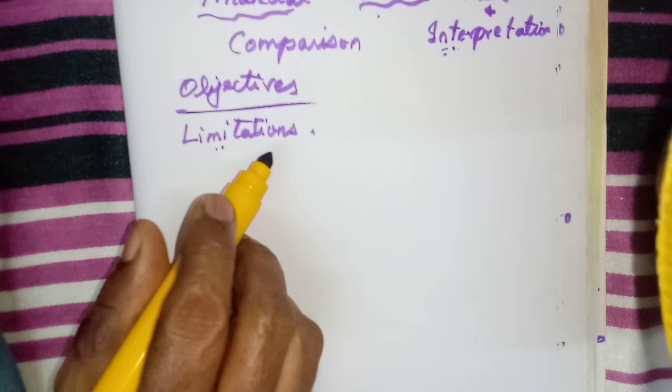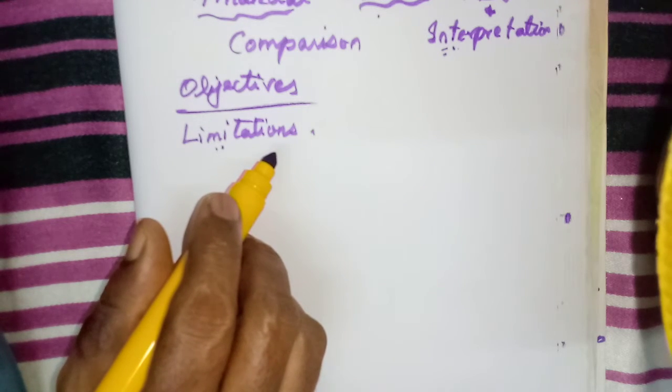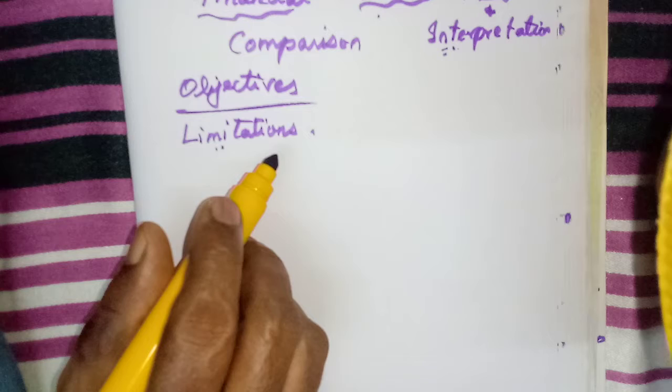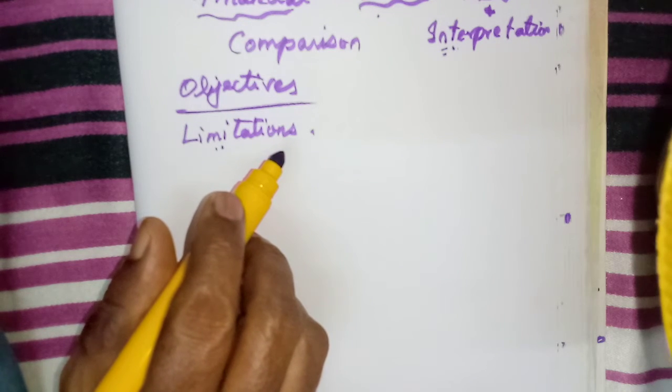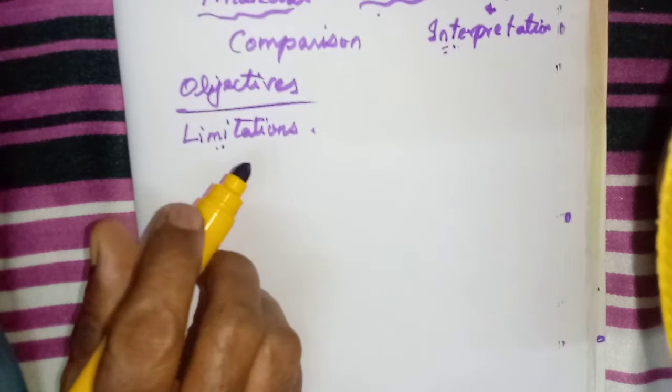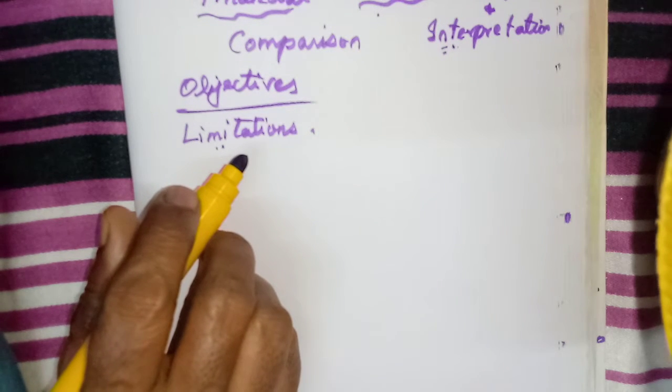That means we are preparing the analysis, we analyze them and interpret them, and with that it will never come to an end. The organization is going on functioning, isn't it? It is going on operating throughout the life of the business. So this financial statement analysis and interpretation is a means only, it is not an end.